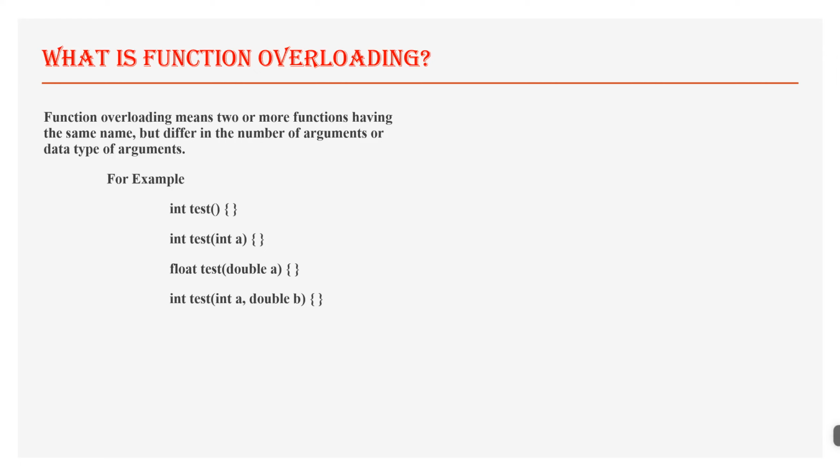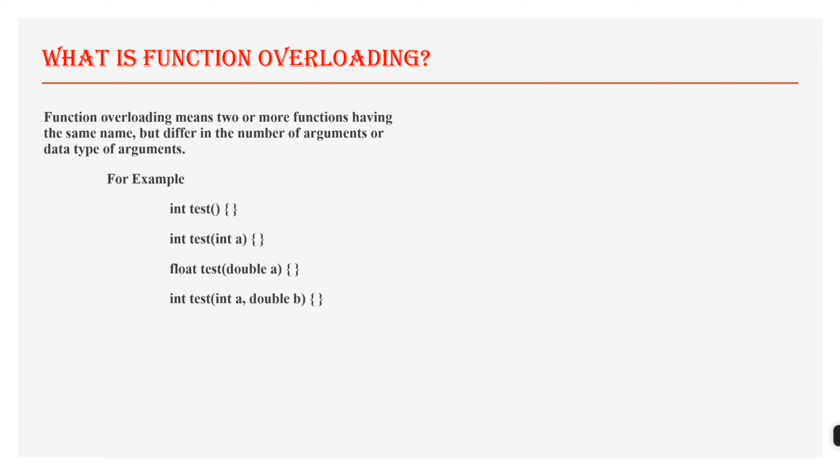There is another function, written as float, taking an argument called a, which is a double. And we have one more function with the same name test, with two arguments of different types: a, which is an integer, and b, which is a double.